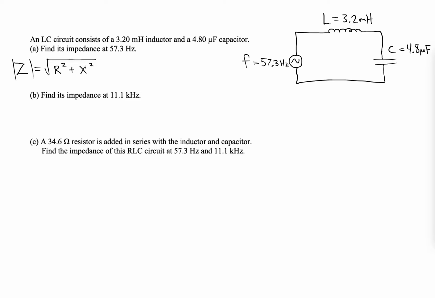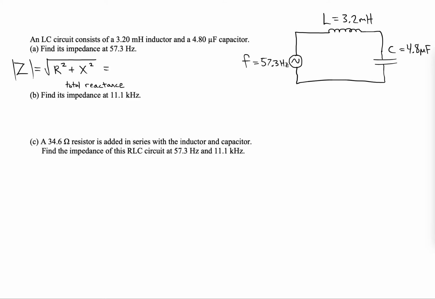And that X there is a little bit more complicated than it may look, because the X stands for the total reactance. It's actually not just inductive reactance and not just capacitive reactance.